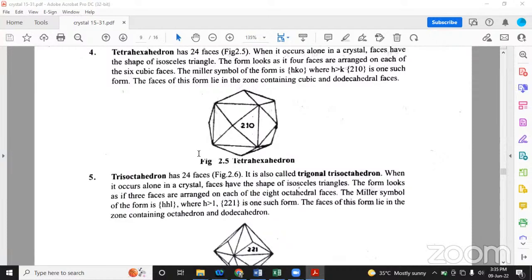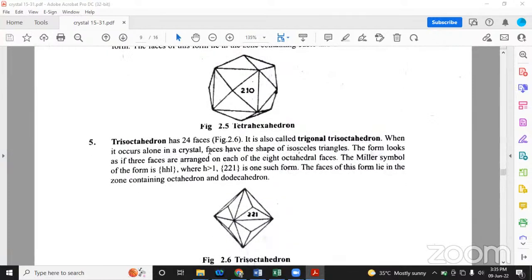The tetrahexahedron has 24 faces, each like a cubic face, with 6 cubic faces. There is another form with the same 24 faces. It is also called the trigonal trisoctahedron.